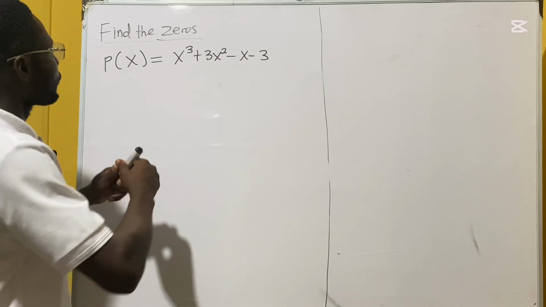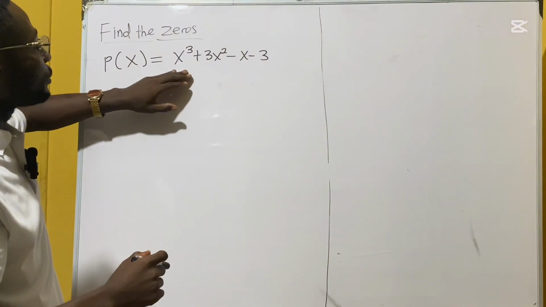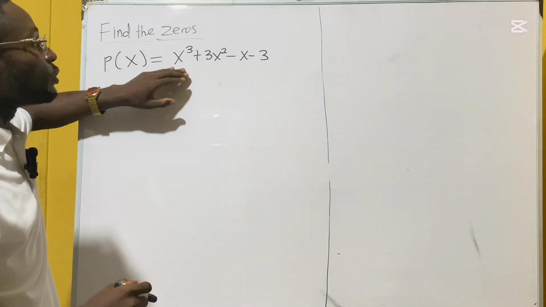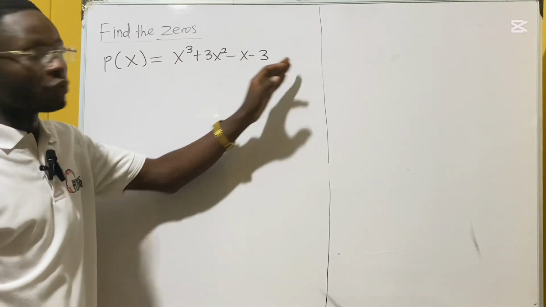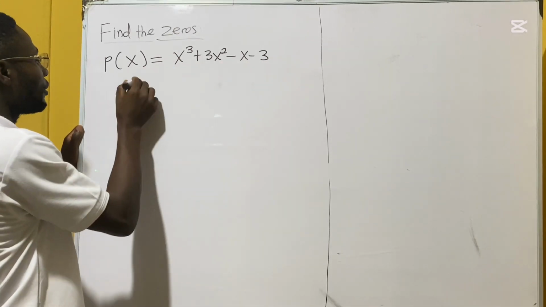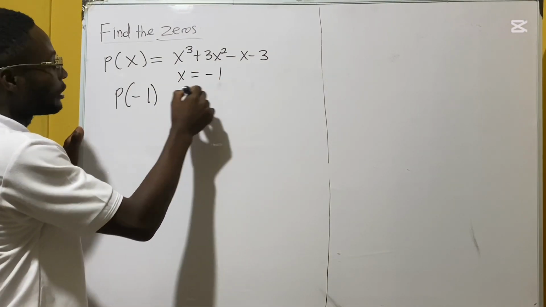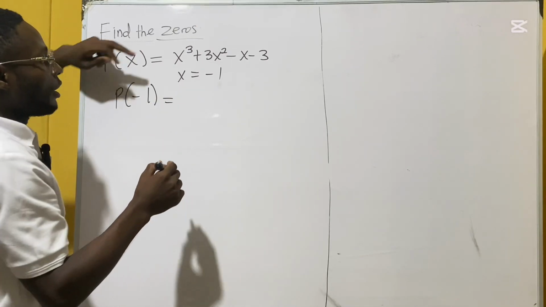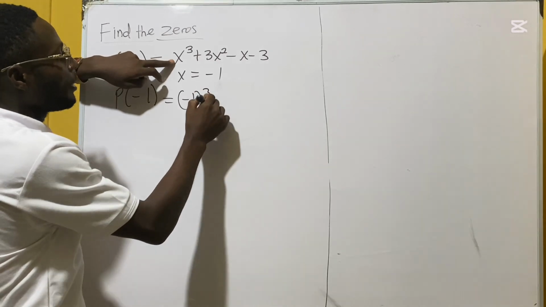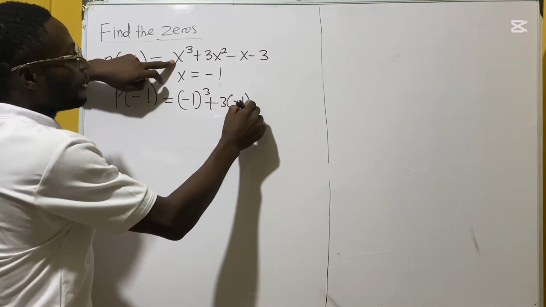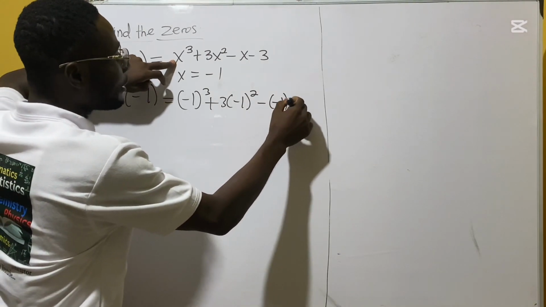So here we are going to find the first factor of this particular polynomial. When you substitute x equals -1 into this expression, you have p of -1 to be 0. So let's try that. P of -1 is equal to (-1) cubed plus 3 times (-1) squared minus (-1) minus 3.